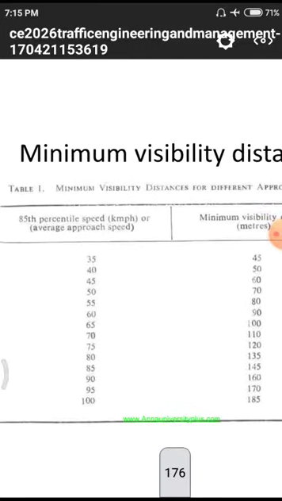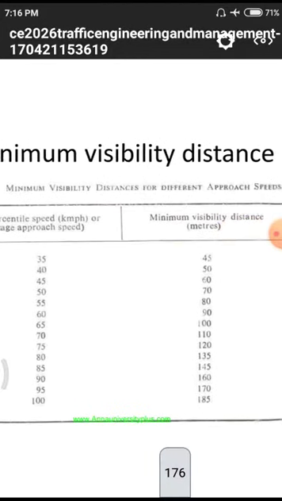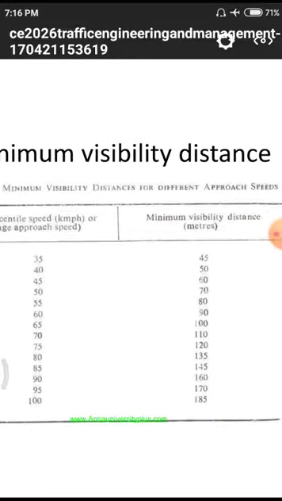First of all, the 85% speed, the average approach speed in kilometers per hour, is given here. Different vehicle speeds, 35, 40, 45 and so on up to 100 kilometers per hour, are given. After that, the minimum visibility distance: whenever vehicles are moving at a speed of 35 kilometers per hour, we need to place the traffic signals within 45 meters.